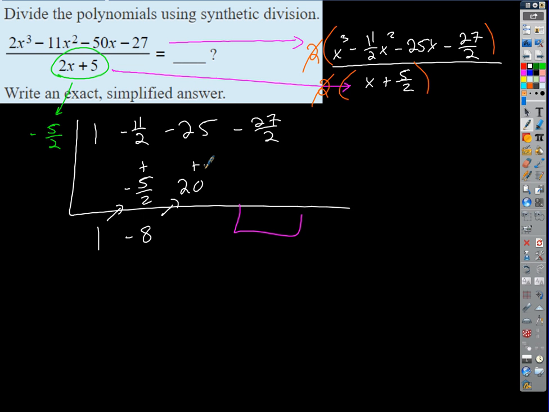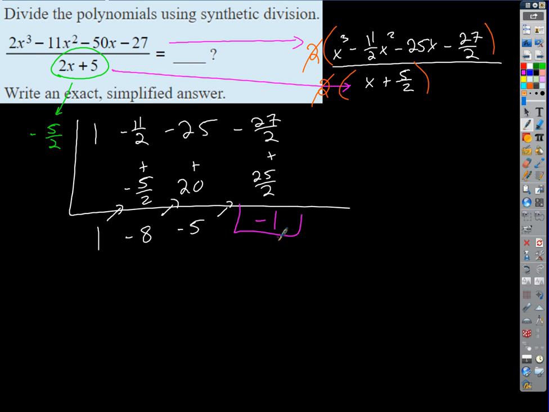Negative 25 plus 20. Negative 5 times negative 5 halves is 25 over 2, good. And if I add those up, negative 1, right? Negative 2 halves. The last one is always going to be the extra.